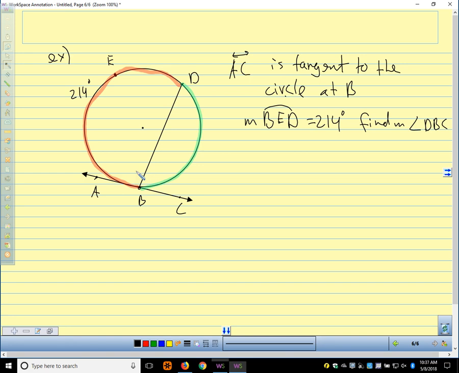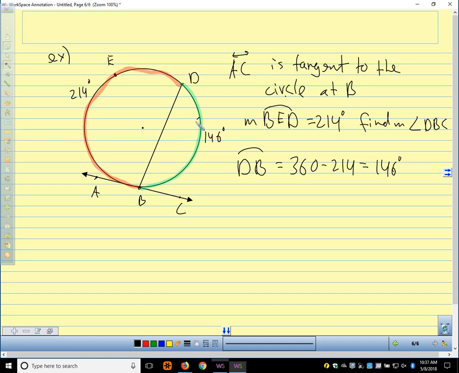Well, 360 degrees around the circle. We know 214 of it. How do we figure out the rest? We subtract. So the measure of arc DB is 360 minus 214, which is 146. So this is 146 degrees.